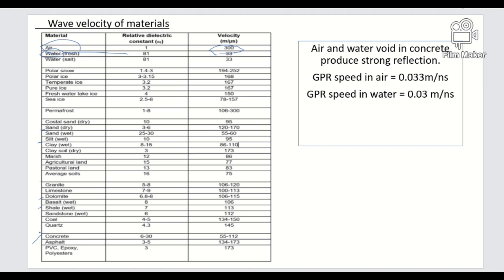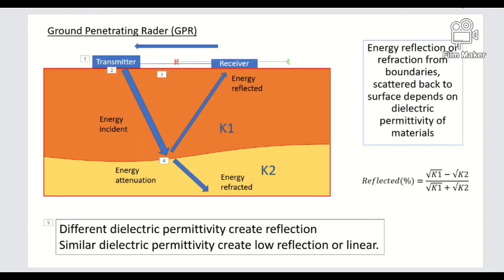Here concrete, asphalt mix, porosity or steel in place, and position, we can detect through this GPR method. So I will see here the wave velocity. Wave velocity is different for different materials in the subsurface.